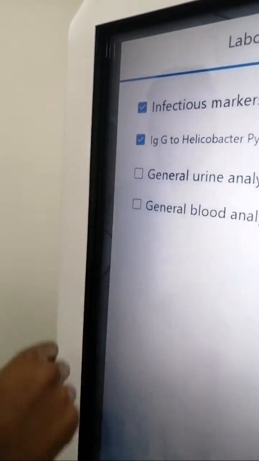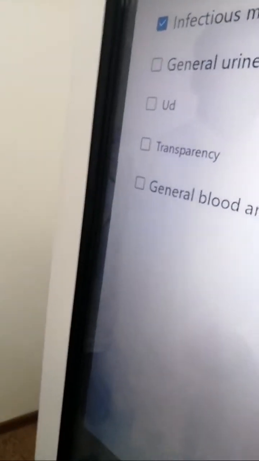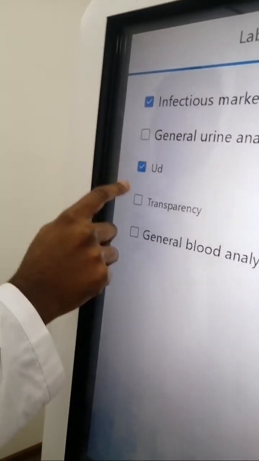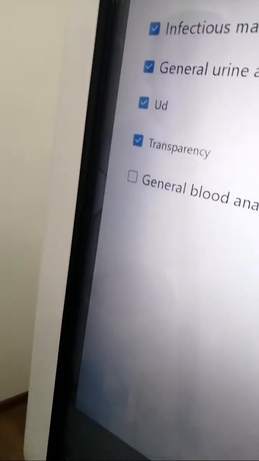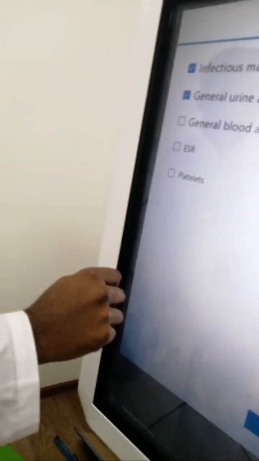Yes, because of the cause of gastritis disease, which bacteria? Okay, please click. Good job. Next, general urine analysis. Okay, click. Okay, and the general blood analysis. Okay, click.